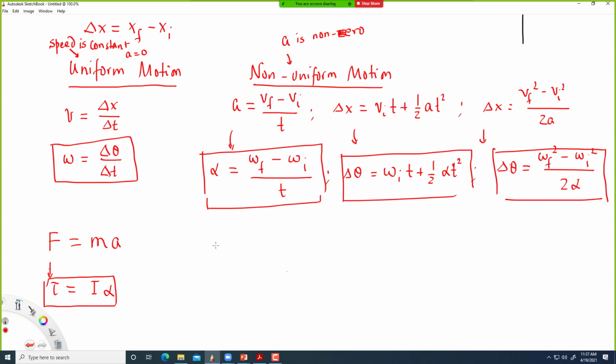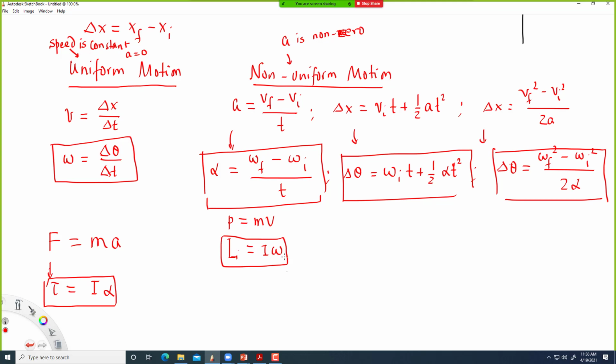Okay, so tell me, what is the angular momentum? So angular momentum is L. We have linear momentum is mv. So the counterpart of this one is what? What is the formula for angular momentum? Inertia times omega. Yeah, good.